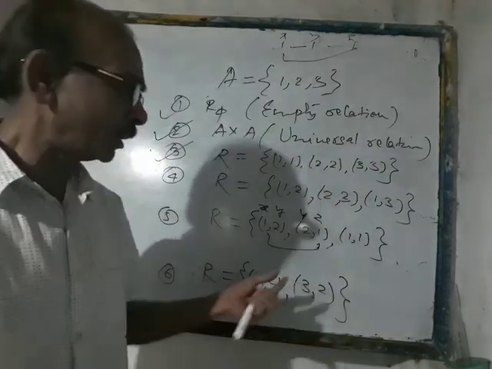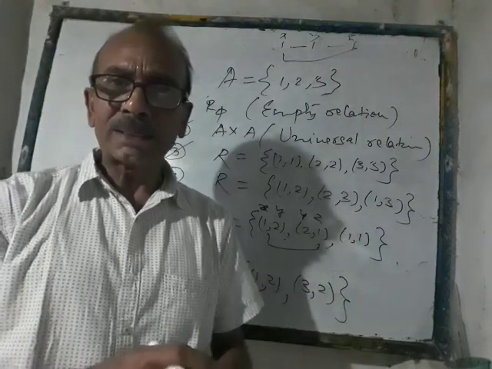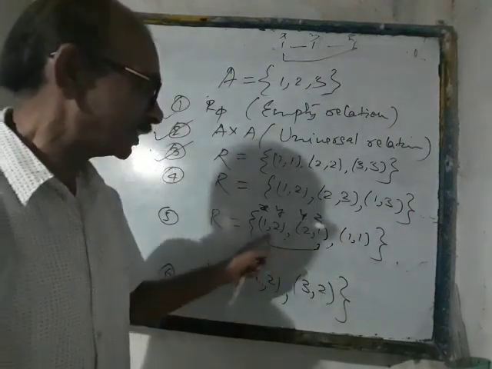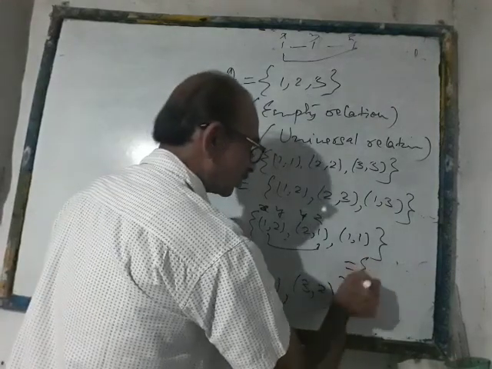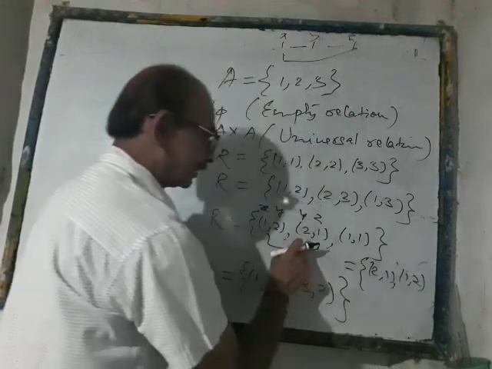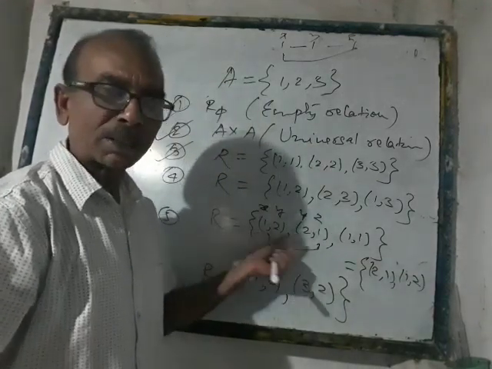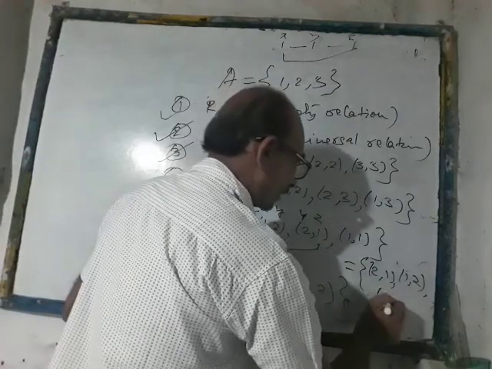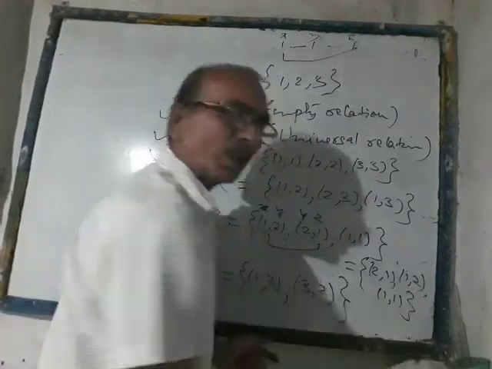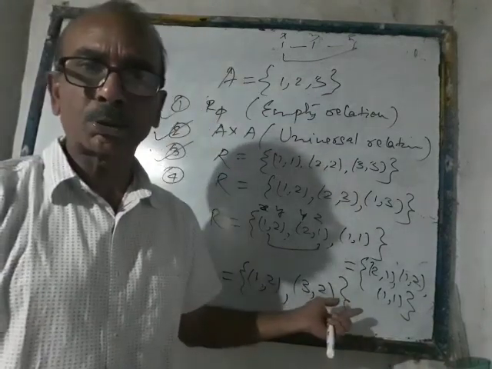But if you go on writing the elements of R in some other order, suppose 2, 1 is written first, I will just write 2, 1 and then 1, 2. That means the second element is put at the first place and the first one at the second place, and then again 1, 1 I have just written. There is no harm in writing in any order, since the elements of a given set could be written in any order.